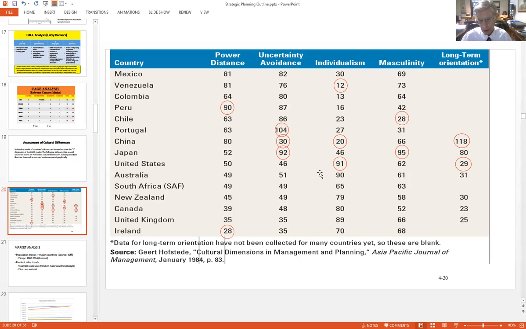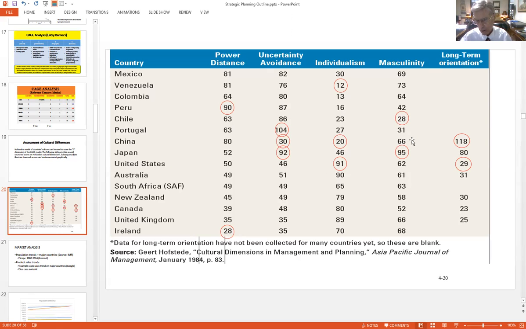And yet in the US, Australia, the United Kingdom, Canada, the Anglo-Saxon countries, as it were, much more willing to take individual responsibility. That can give you tremendous insight into how to do marketing, how to conduct yourself in the management of a factory in another country, and so forth. There's a lot of wisdom in this system, just a lot.